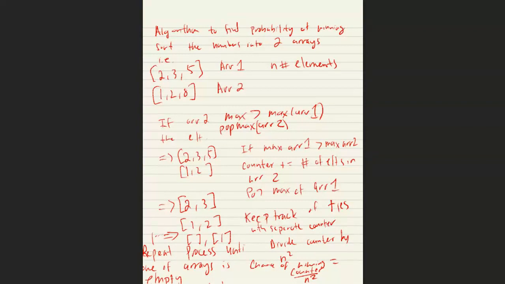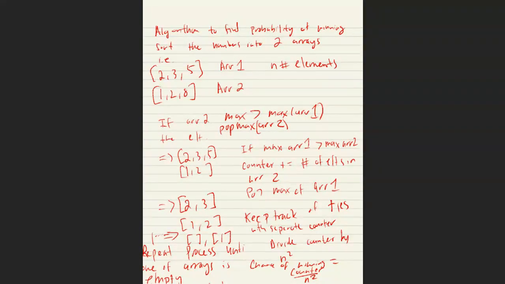So for a general solution, I basically gave a programming solution where you could check the maximum of the arrays, and if the first maximum is greater than the second array's maximum, you could add up, you could count up all of the elements in the second array into a counter and just keep popping out the maximum of the arrays until you reach an array that's empty.